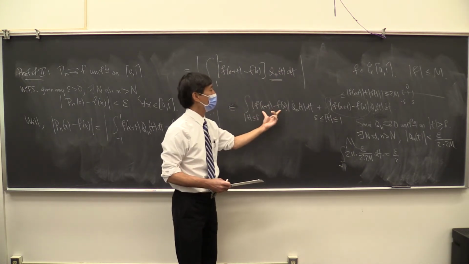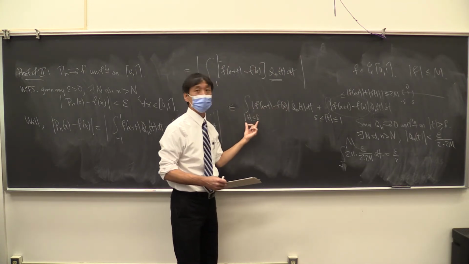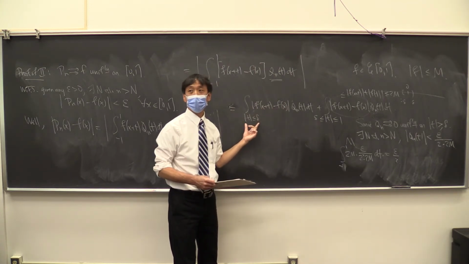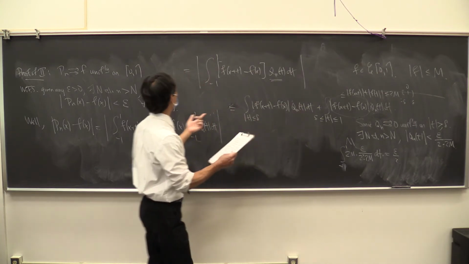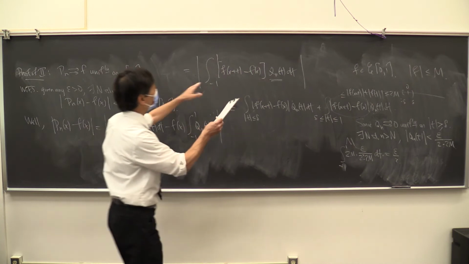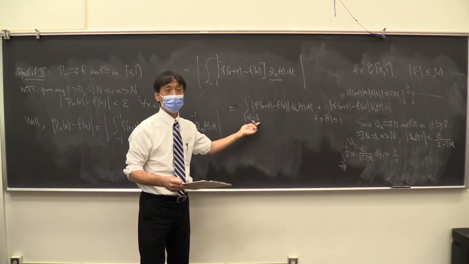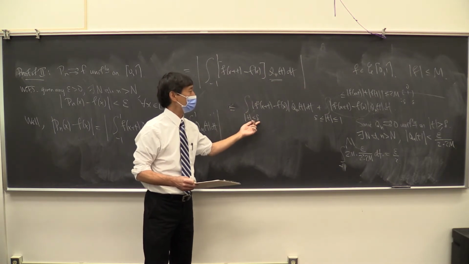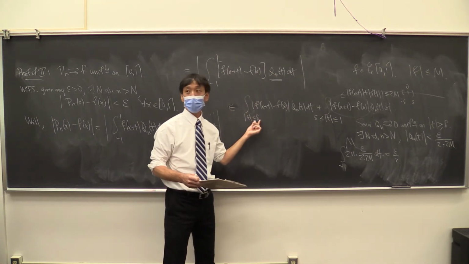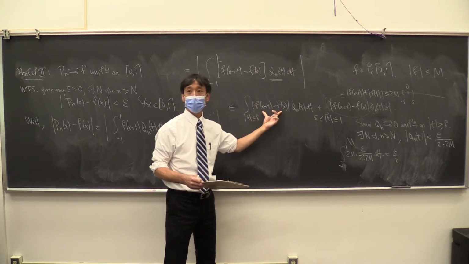But we do have this f of x plus t minus f of x, where t is small. We can make t as small as we want. Our delta was up to us. We broke this thing up into 2 pieces, so that delta is our choice. So if we make our delta really tiny, what kind of control do we need here?